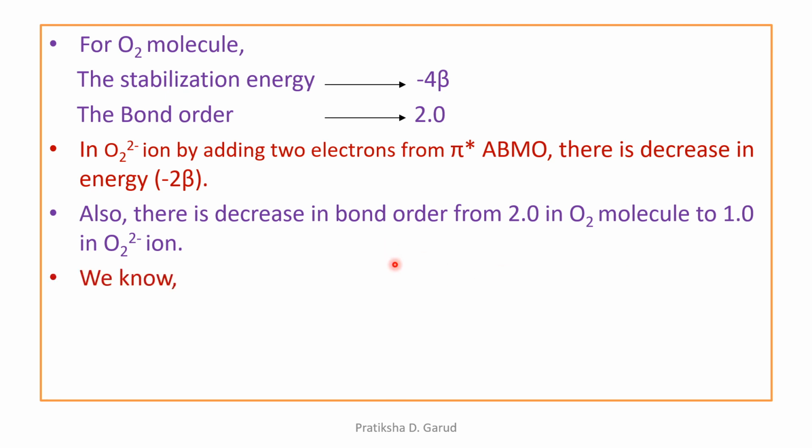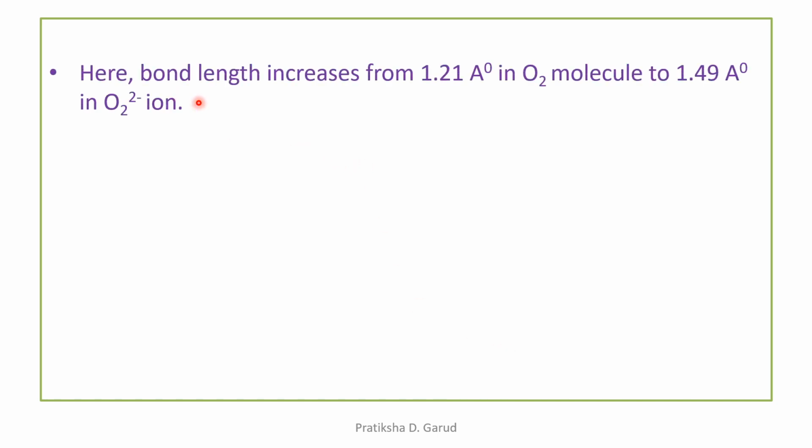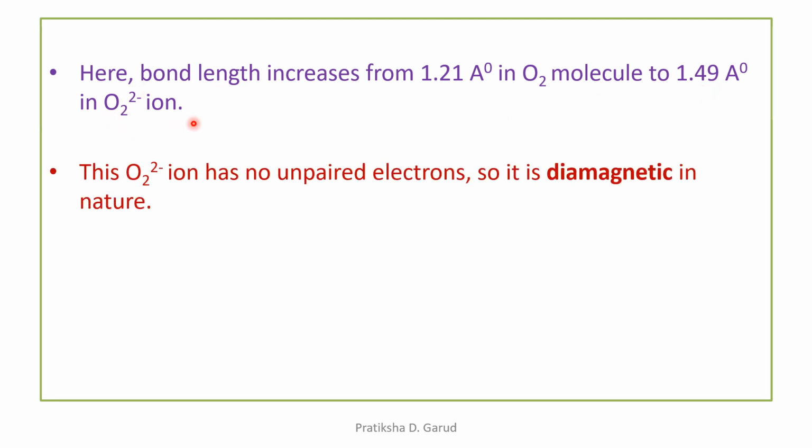And we know that the bond order is inversely proportional to the bond length. And as there is a decrease in bond order, we can say that the bond length should increase. So the bond length increases from 1.21 Angstrom in O2 molecule to 1.49 Angstrom in the O2 2 minus ion. But here in case of the O2 2 minus ion, there are no unpaired electrons.